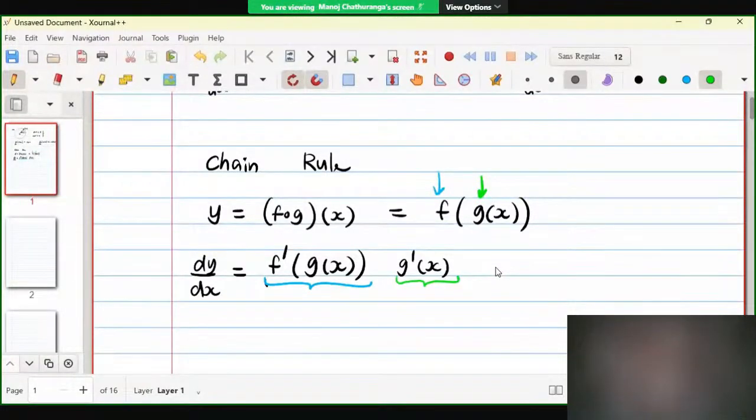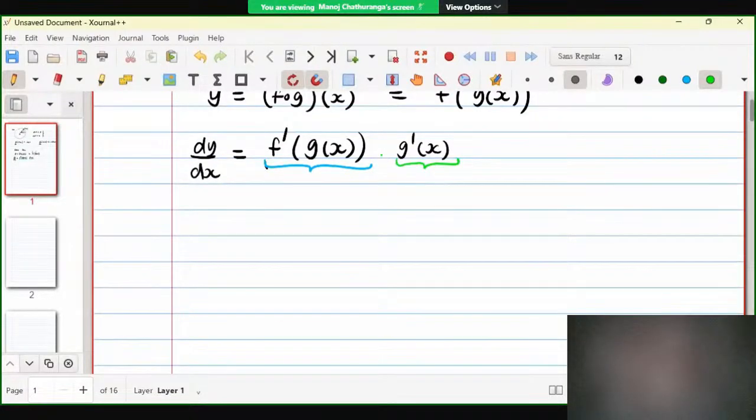Now, this is how we differentiate the composition. If you had three components, F, G, and H, we first differentiate F while keeping the other two factors inside. Then we forget F, differentiate G, and still keep H inside G. Once we are done with G, we forget G and go to H and differentiate it. For example, let me write it.